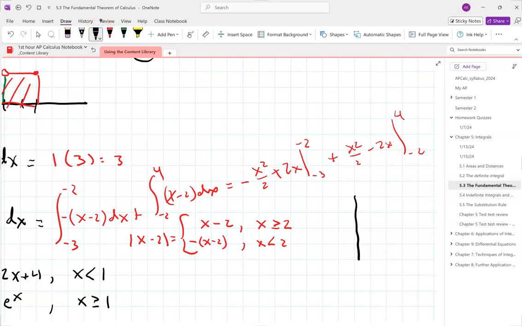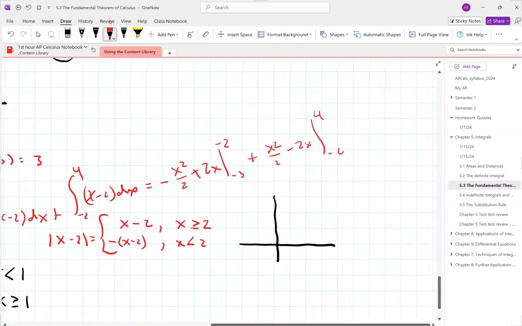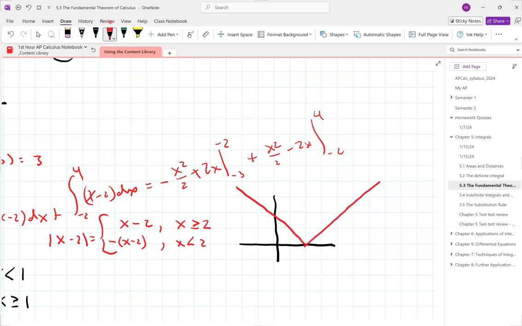Alternatively, the other way you could have thought about this is you could have said, oh, well, I know what the graph of the absolute value of x minus 2 looks like. It's basically a V. So if I just take negative 2 and make a triangle, and then out to 4 and make a triangle, I can do it that way as well, right?